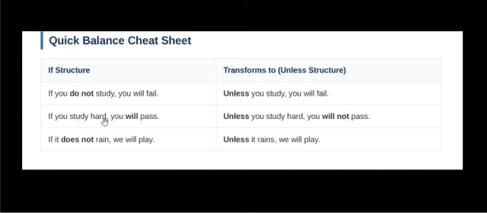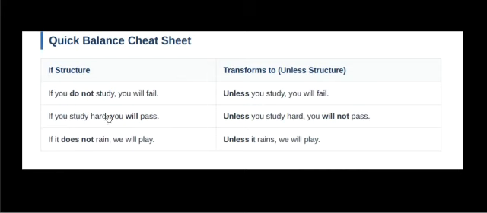Let us look at the second example. The second example says if you study hard, you will pass. Now here, firstly let us look at the negative or positive part of this sentence. We are having here a positive part, which is in the other part of the sentence after the comma.